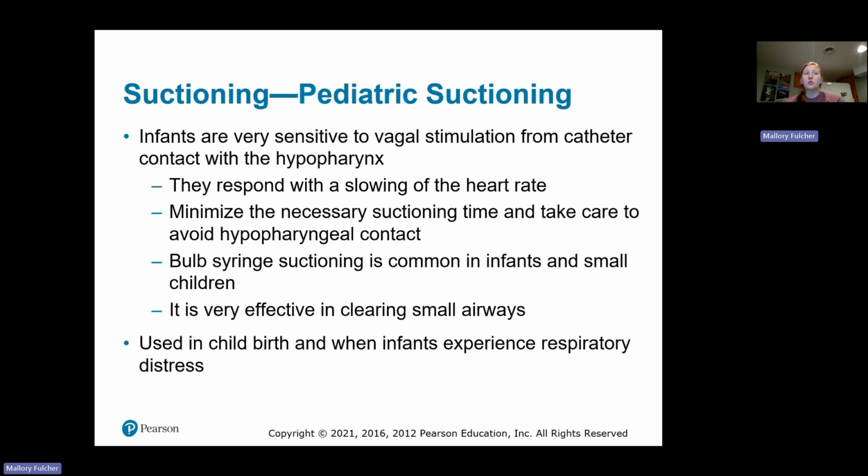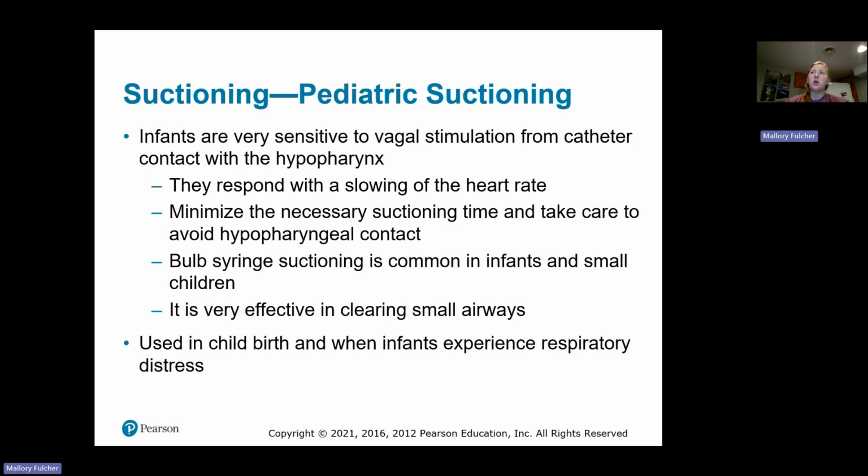This is something that actually happens quite a lot with elderly patients, or any patient that's bearing down or trying to void their bowels of anything really, but if they're bearing down quite a lot, this vagal stimulation can happen. It's the same thing, just happening with suctioning. So we just need to be really careful with that. We don't want to go back too far or suction too long with these kids.